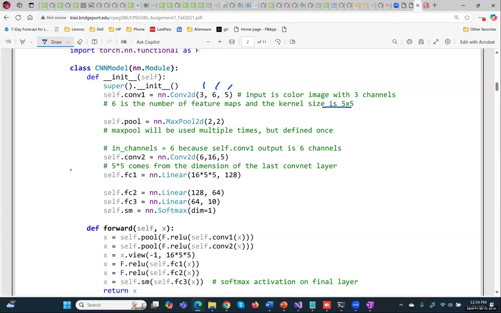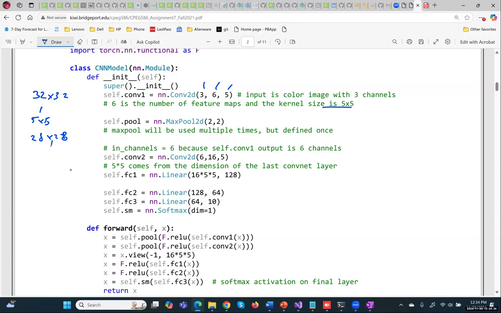So in this example, let's say we have CIFAR-10 data. CIFAR-10 is 32 by 32, right? As we apply a 5 by 5 convolution, what will happen? It will become 32 minus 5 plus 1, so 28 by 28.